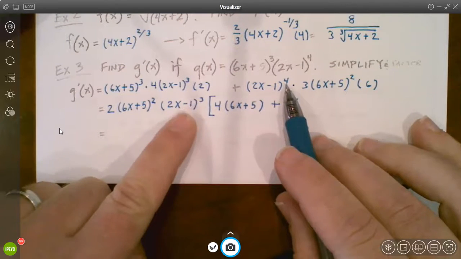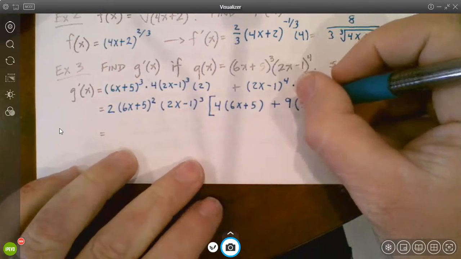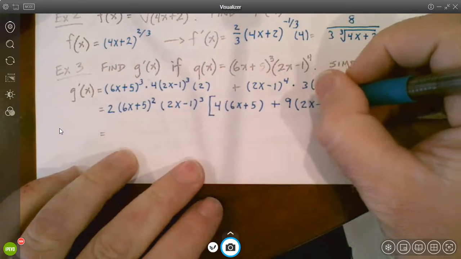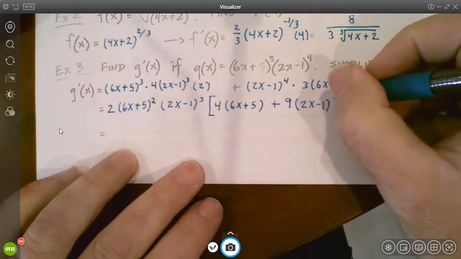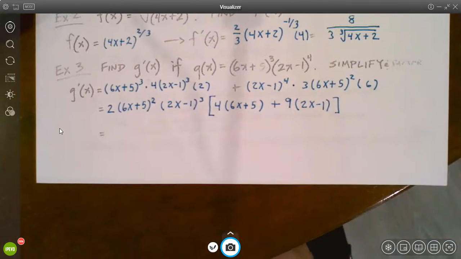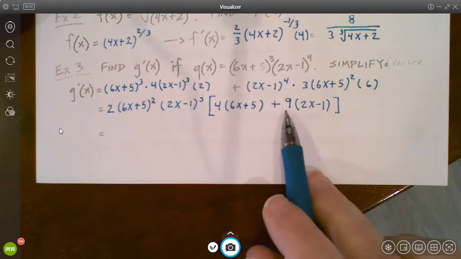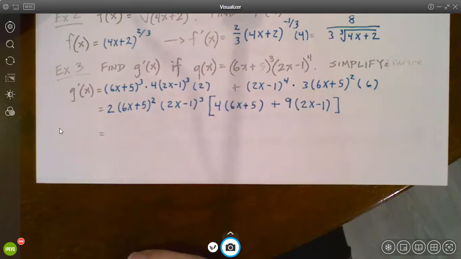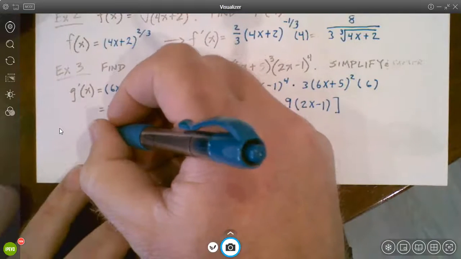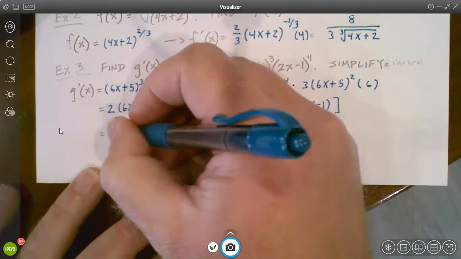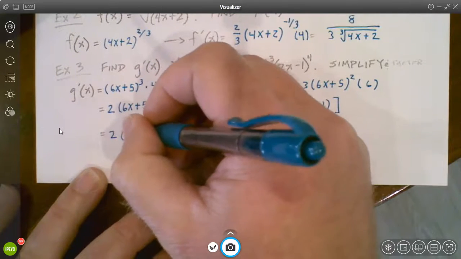We took out 3 of them, so I got 1 remaining. So I got a 2x minus 1 to the first remaining. And so that's what it looks like in factored form. And then if I were to distribute the 4 and distribute the 9 and combine like terms, this is what we got as kind of our final answer here. So let me just start with the first part that we already know.